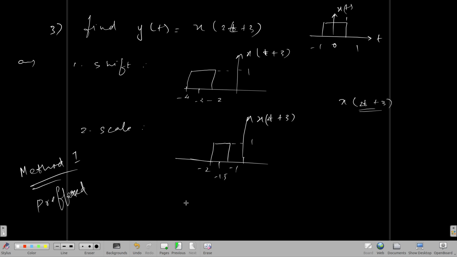but do not do this. And this is preferred both continuous time and discrete time. Okay, so let's try method 2, that is scaling first and then shifting, only for continuous time. Okay, so first scale.